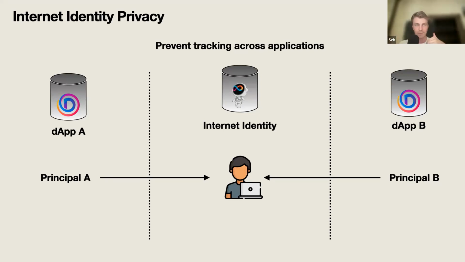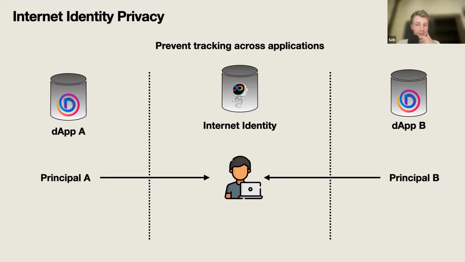There are ways to do that, but otherwise, this is to respect privacy and to prevent tracking across applications. So it's pretty cool for you as a user, because it's in contrast with most logins with big tech, which can track you across all your applications and all your internet usage.